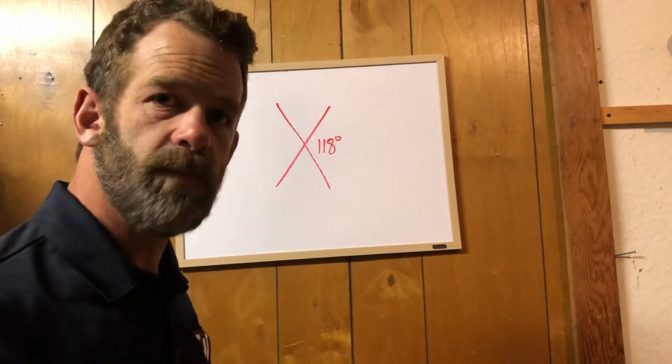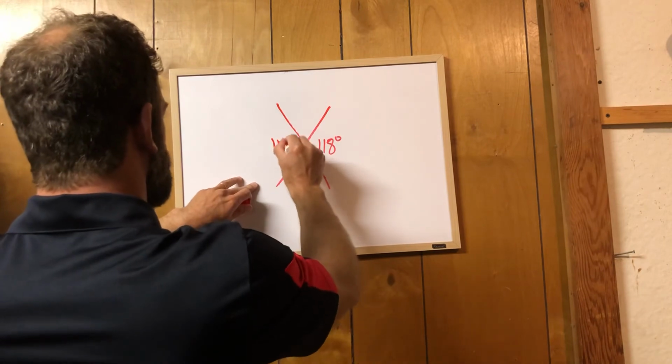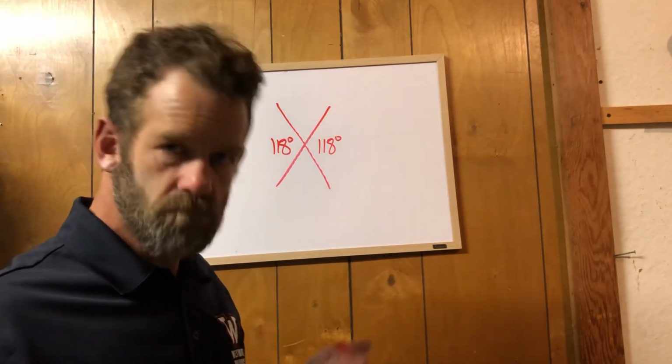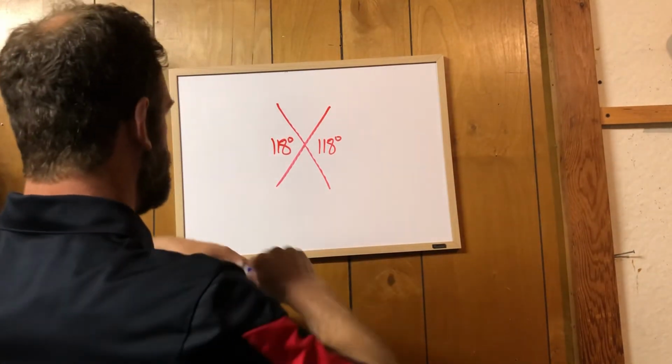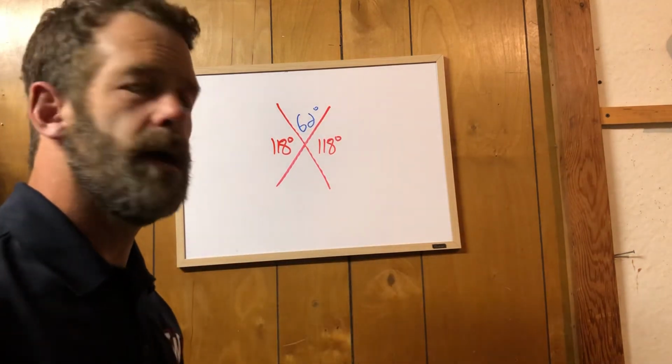If you paused it, if this is 118 degrees, this is 118 degrees. Why? Because vertical angles are congruent. Now, if this is 118 degrees, this is 62 degrees. How do you know that?